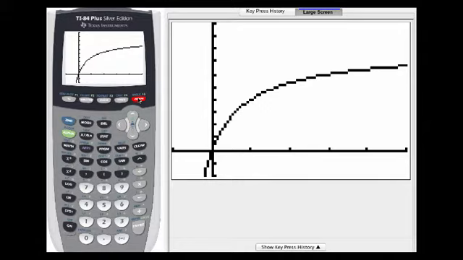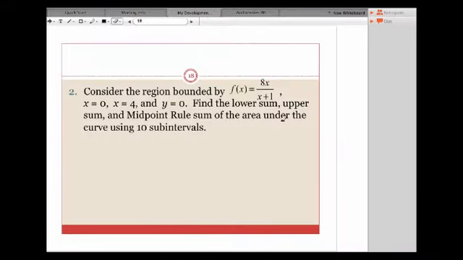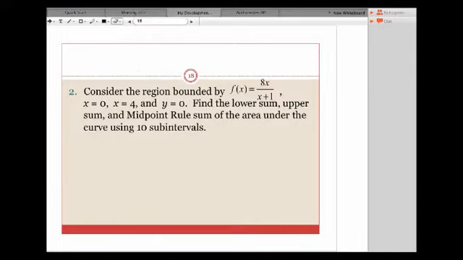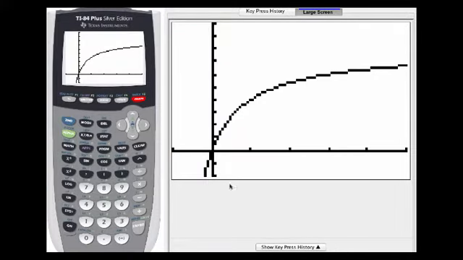Hey, Miss Henderson. Yes? We can't see what you're doing with the calculator. It's kind of frozen. That might be something on your end. Hang on, let me stop sharing it and come back. Okay. Thanks for letting me know. Did it come back now? Is that better?